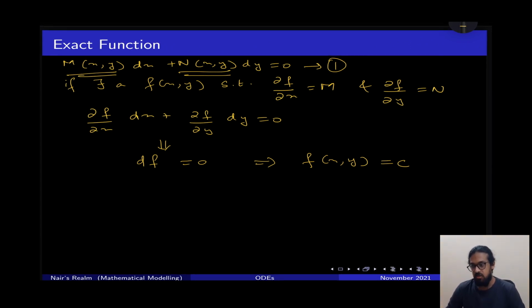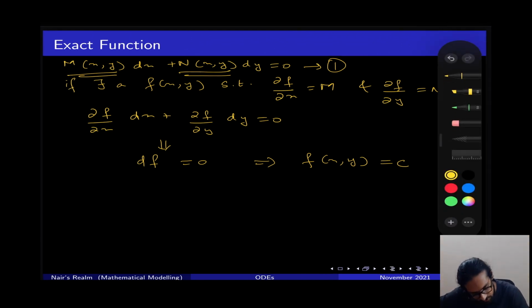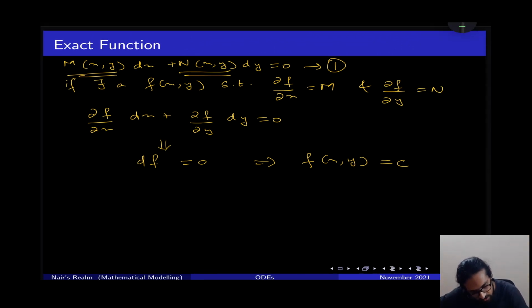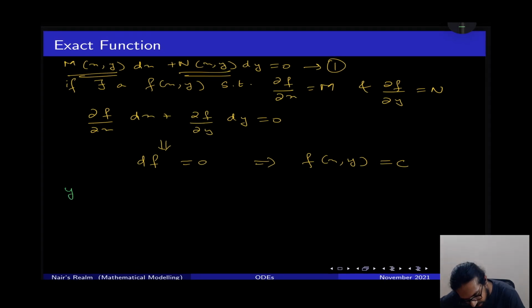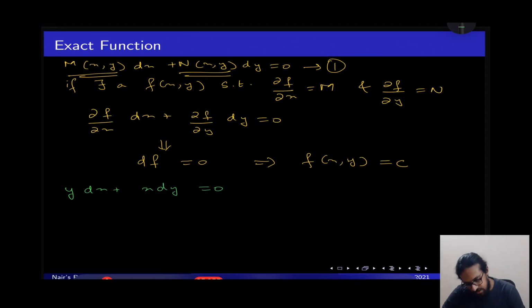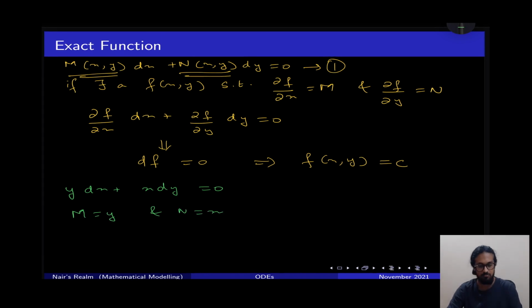Let's take an example just to see whether this holds, a differential equation where this is satisfied, just to understand it a bit better. Let's say we have a differential equation y dx plus x dy is equal to 0. We can see that m is equal to y and n is equal to x.